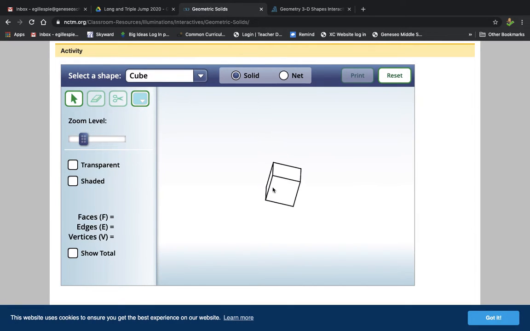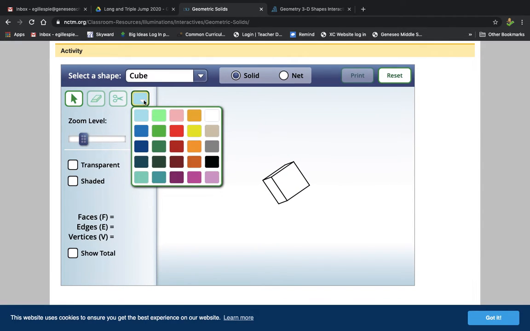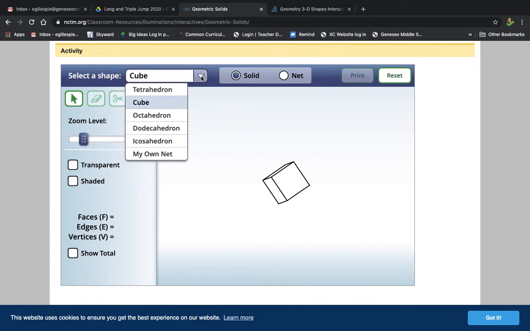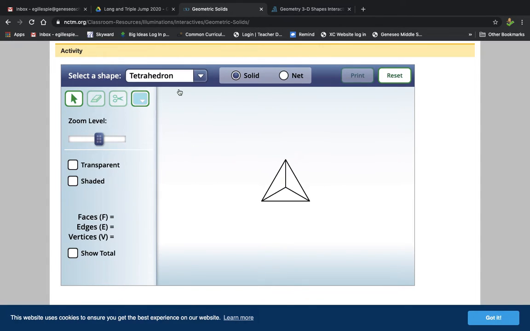You can move that shape around. And if you change here, you can color in faces and edges and vertices to figure things out. The only shape on here that we're really going to learn about is a cube. The tetrahedron is actually a triangular prism, so you could look at that one as well because we will talk about triangular prisms too.